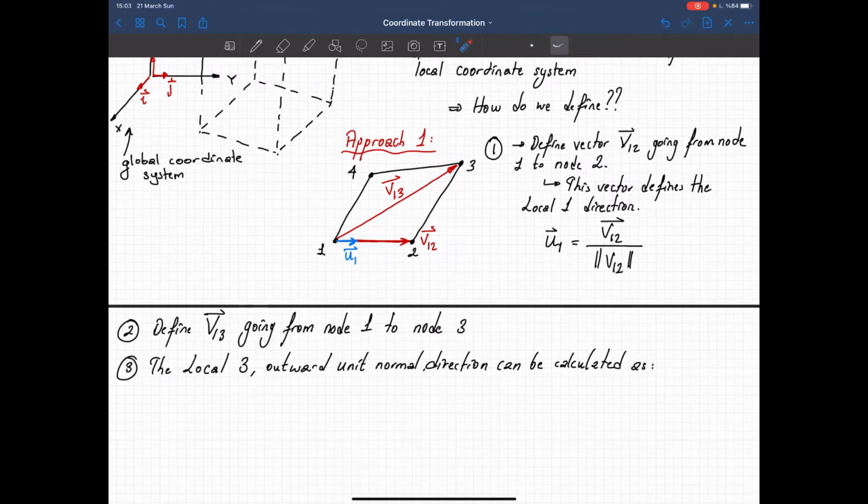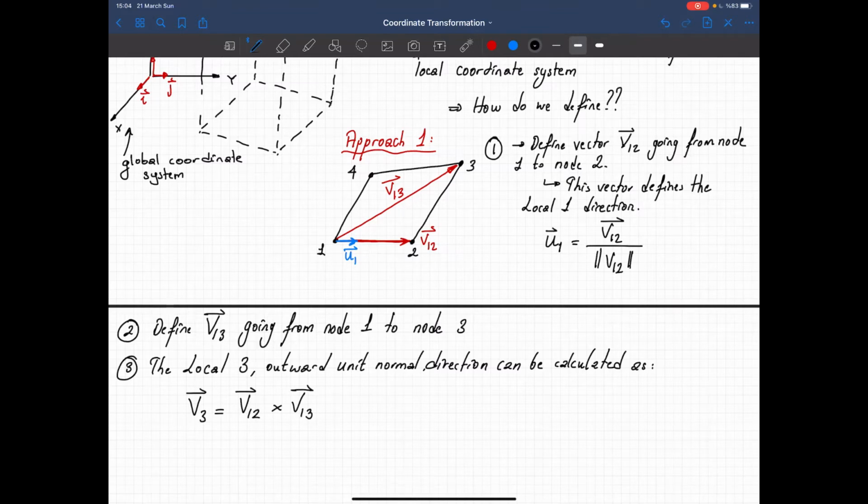If I take the cross product of v12 with v13, then with the right hand rule it will give me another vector in this direction, orthogonal to these two vectors, in the outward unit normal direction. I call it v3, and this is obtained by the cross product of v12 and v13.